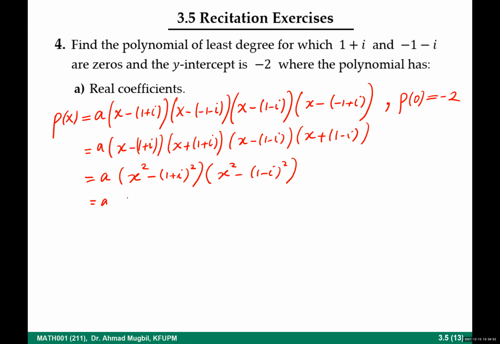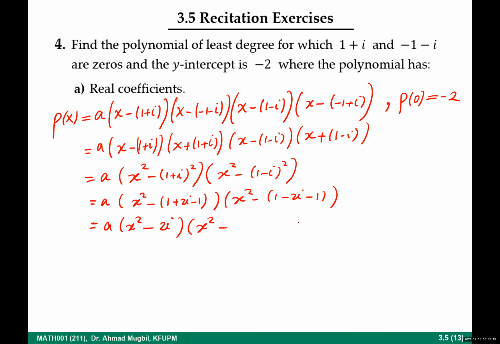This equals a times x squared minus, you know it from before, 1 plus 2i minus 1, times x squared minus 1 minus 2i minus 1. This will equal a times x squared minus 2i times x squared plus 2i. And this equals what?